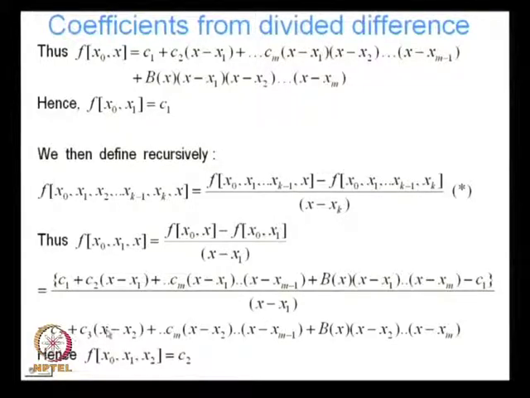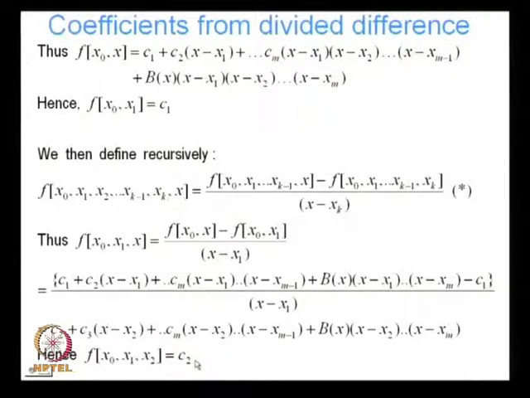So I have C2 plus C3 times x minus x2 plus up to Cm times x minus x2 and so on. Again, if I evaluate this at x2 instead of x, every term vanishes except the first term. So that allows me to write f of x0 x1 x2 is equal to C2.